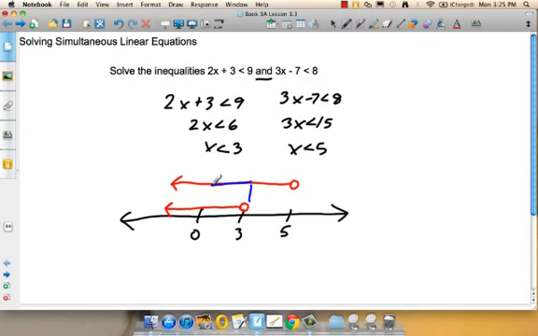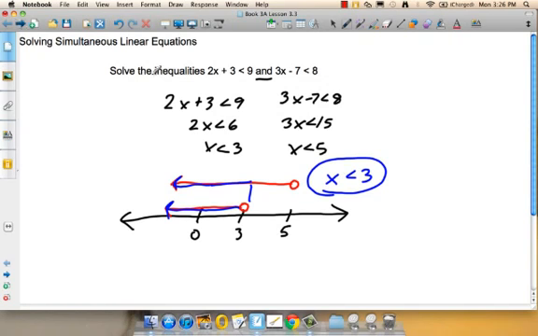So then my answer is going to be x is less than 3. In this case I had an example where one of the inequalities was a solution to both inequalities. Let's take a look at a different example.